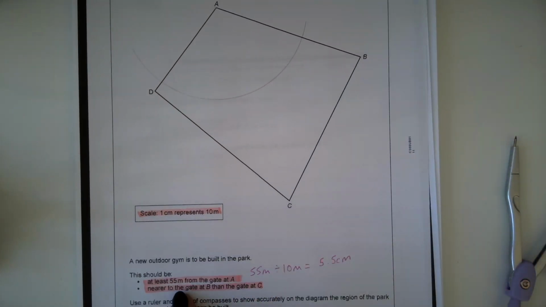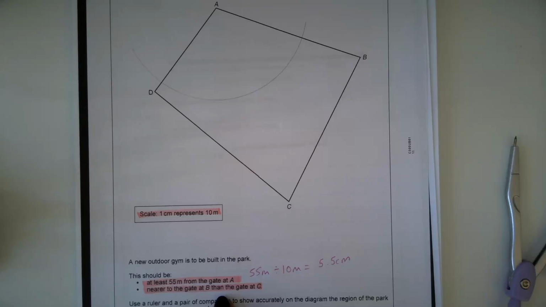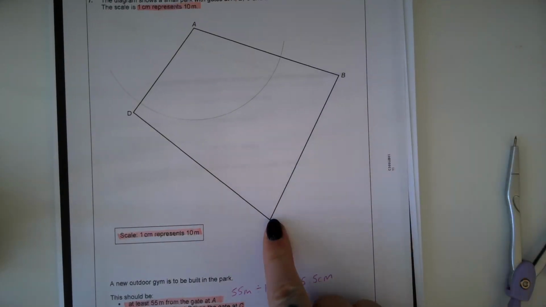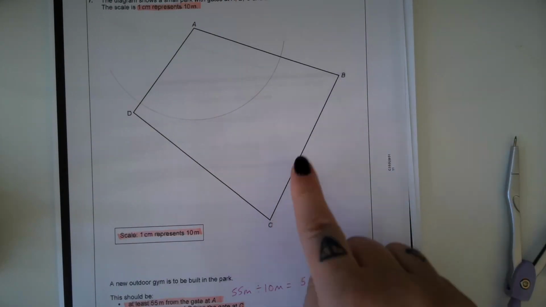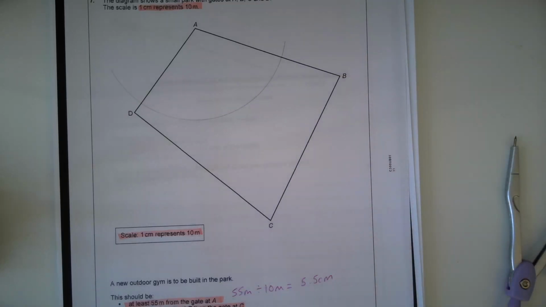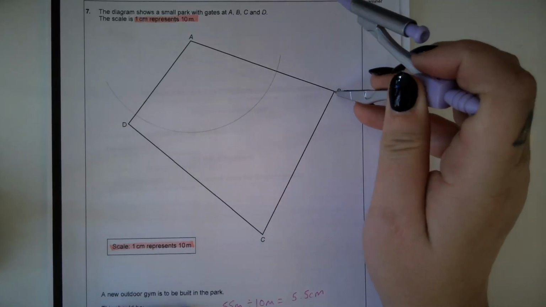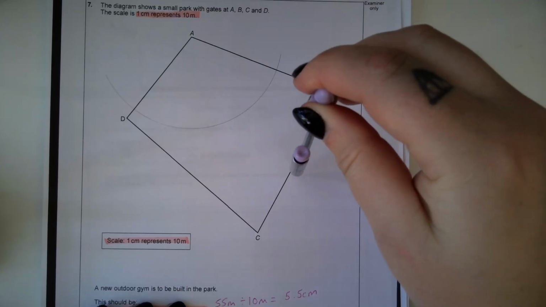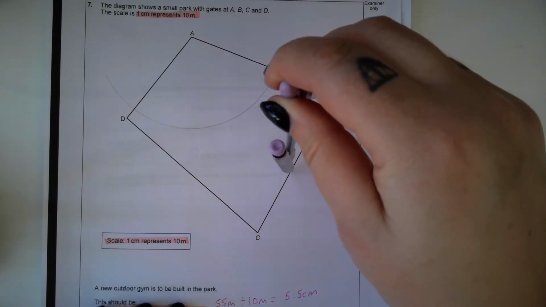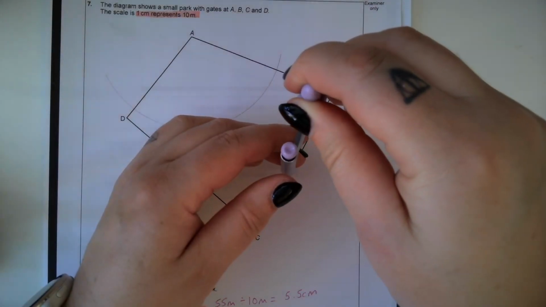The next criteria is they want it to be nearer to the gate at B than C, so nearer to B than C. So we're working with a locus of points between 2 points. So for this, we're going to construct a perpendicular bisector. So you need to put your compass on one of the 2 points and make sure that you go over halfway.